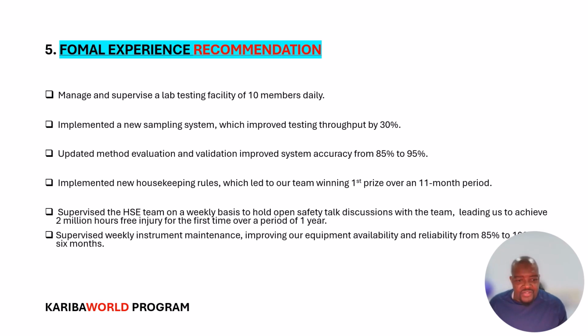Now, supervised weekly instrument maintenance team. This led to an improvement of equipment availability and reliability, picked it up from 85% to 100% over a 6-month period. Oh, that's a great achievement. So now Mr. Lefa stands out as someone who takes charge, who leads.